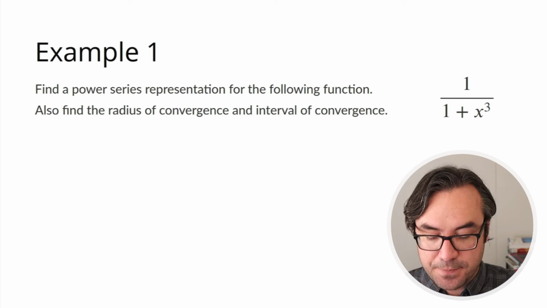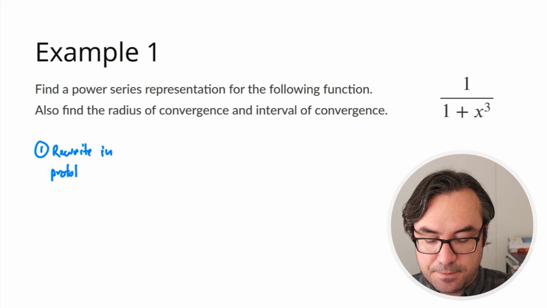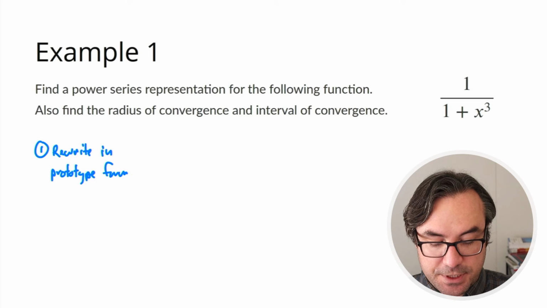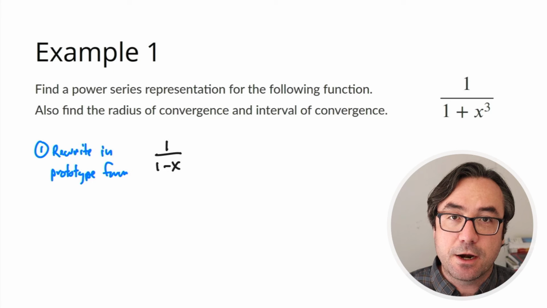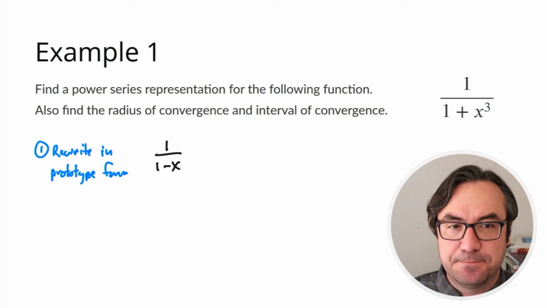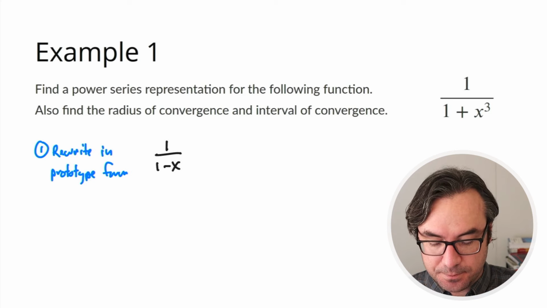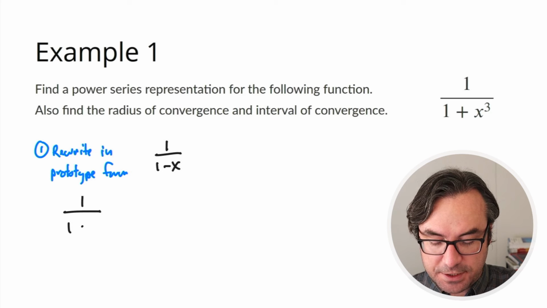So step 1 here is to rewrite it in our prototype form. Our prototype is 1 over 1 minus x. So in our case here, we need that minus. So we have 1 over 1 plus x cubed.